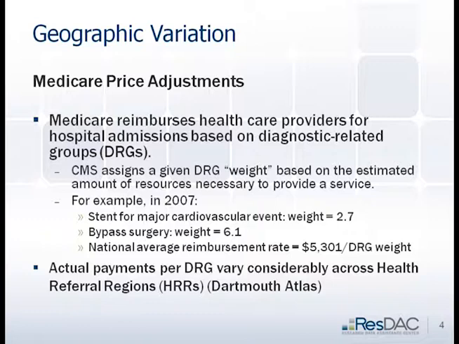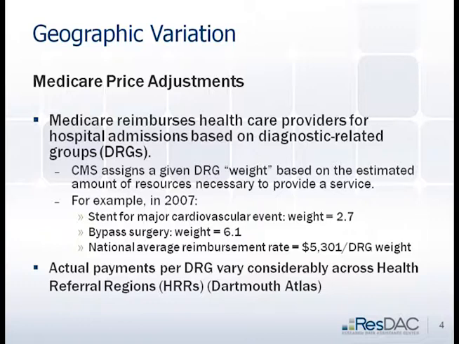So just keep that in mind, setting the stage for the next talk. But for example, in 2007, and I think you already saw this in your data sets, a stent for a major cardiovascular event, that weight was 2.7, bypass surgery is 6.1. So it's supposed to represent the amount of resources necessary to provide this service.